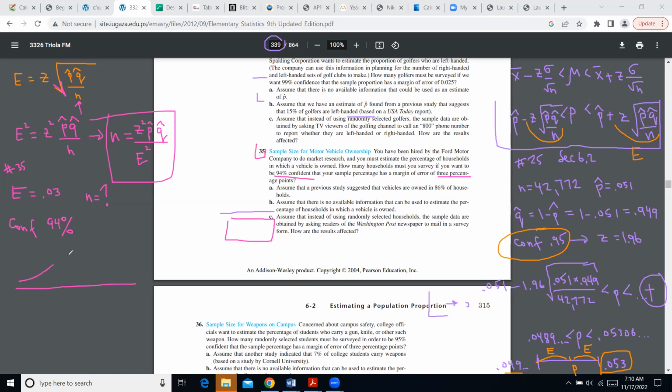So 94% confidence, remember, that's the portion in the middle of the interval. So the remaining 6%, right, 0.06, will compose those two so-called tails, and each tail then will be of the size 0.03, because 0.03 and 0.03 total to 0.06.